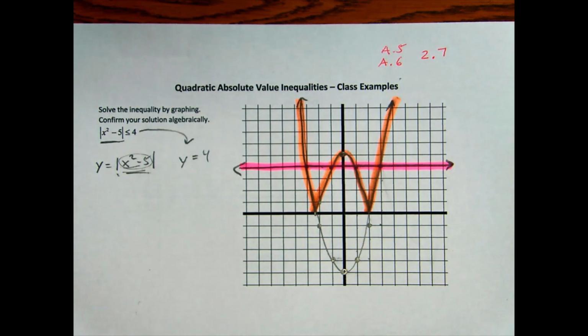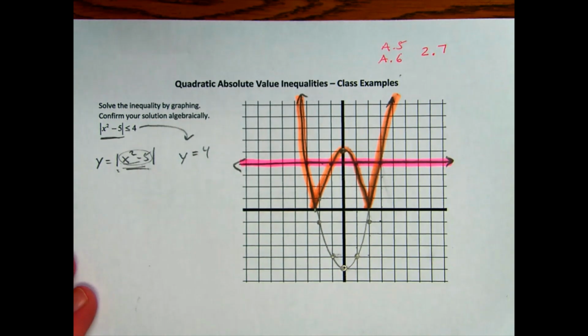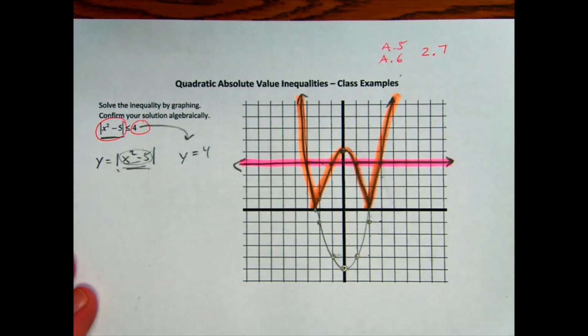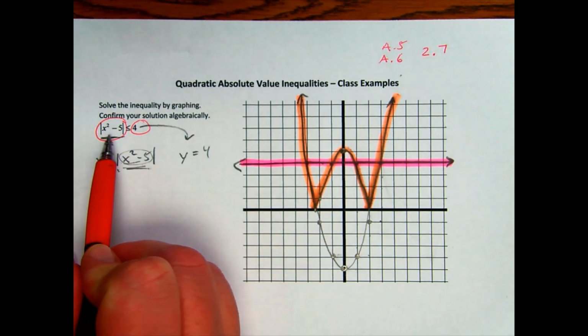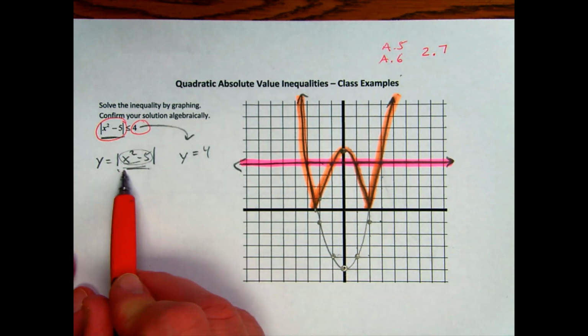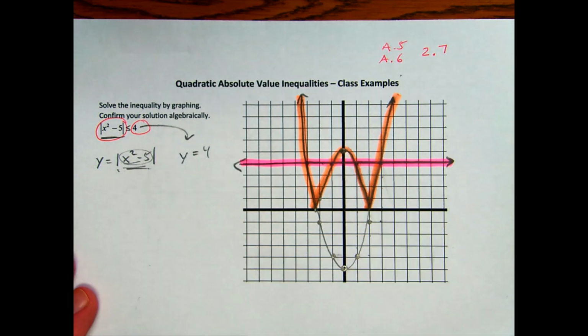And now, big picture. How do these guys connect together? Well, we're looking for when is this less than that? Well, in an XY graph, that's asking the same thing, is when is this graph below that graph? Well, where is the orange graph on the left less than the pink graph on the right?